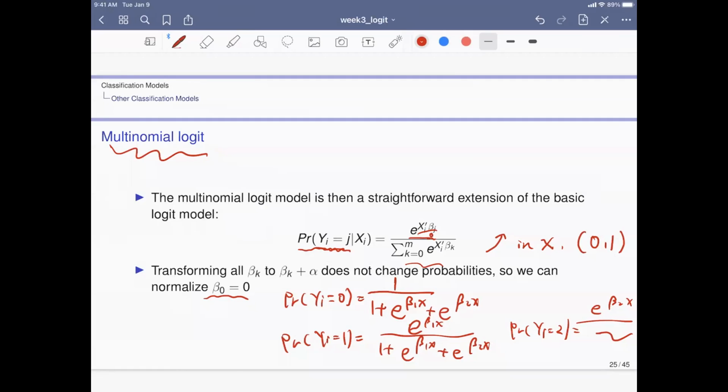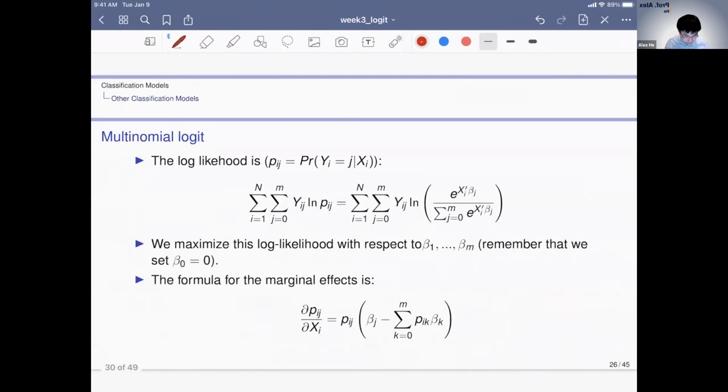And if you have 2, you're just back to Logit, right? Because in Logit we have the probability of y equals 0 is 1 over 1 plus e to the beta x, and then the other one is e to the beta x over 1 plus e to the beta x. So Logit is just a special case of this.